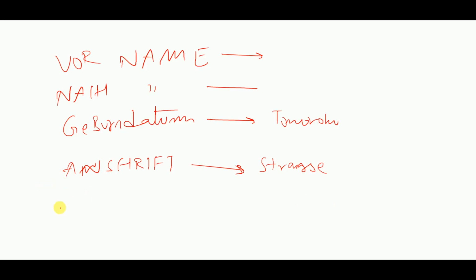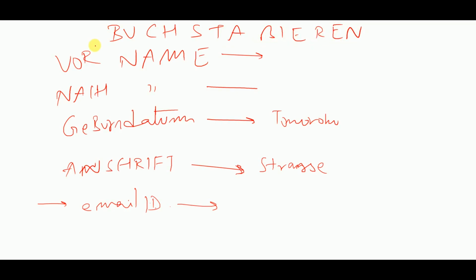And the last thing I want you to prepare is your email ID. How do you tell the next person your email ID? This is Buchstabieren, to pronounce every character. Okay, so this is your homework.